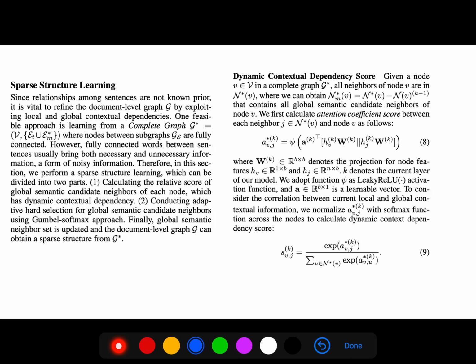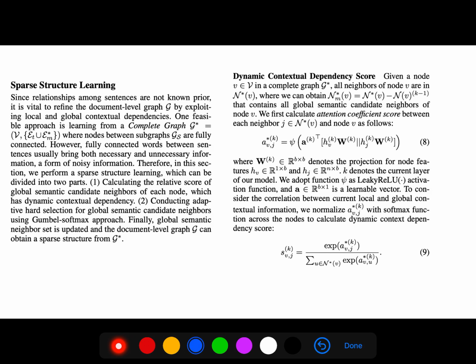Since the relationships among sentences are not known prior, it is vital to refine the document-level graph by exploiting local and global contextual dependencies. One feasible approach is learning from a complete graph where nodes between subgraphs are fully connected.